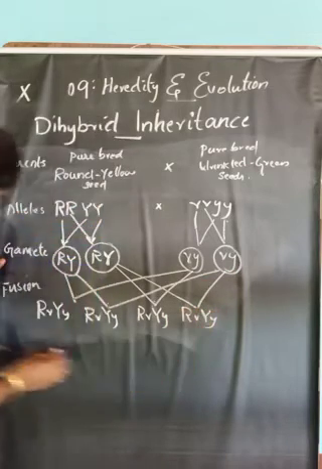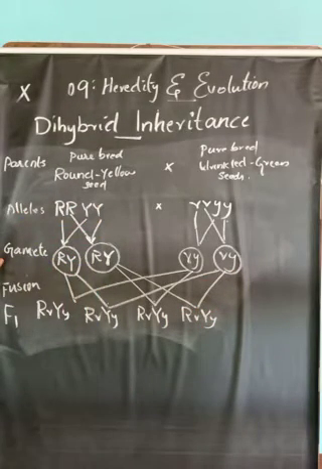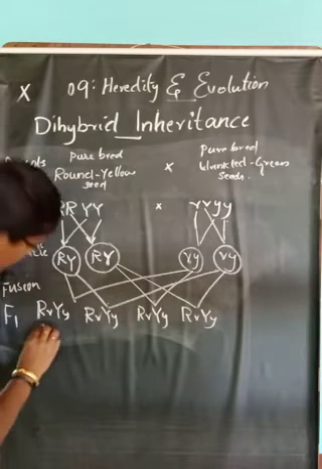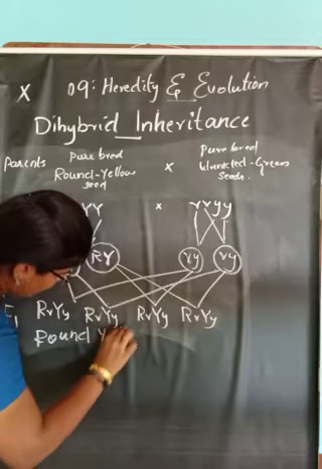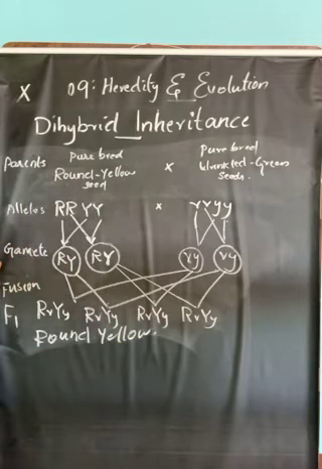So our F1 is heterozygous round yellow. All are round yellow.